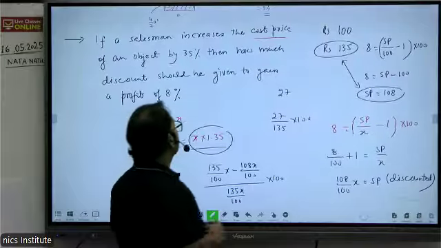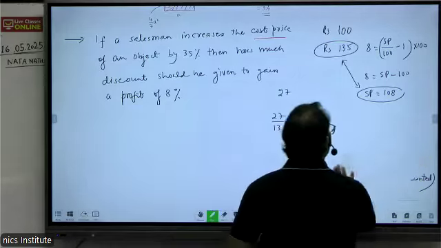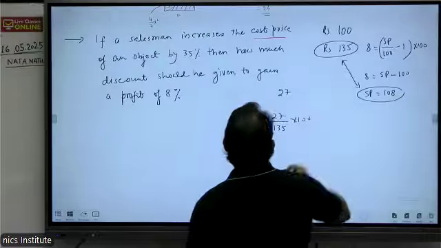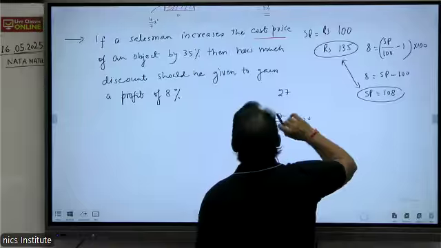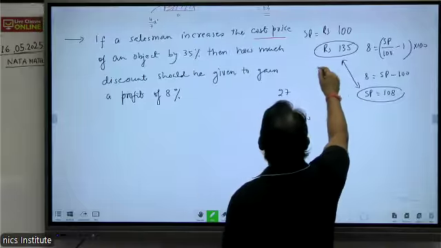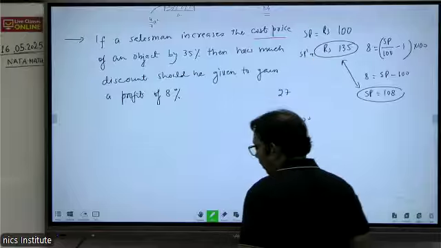Let me explain again. Forget this. This is a longer method. Initially, the sell price was 100 rupees. He's increased the price, so the price has now become 135 rupees.